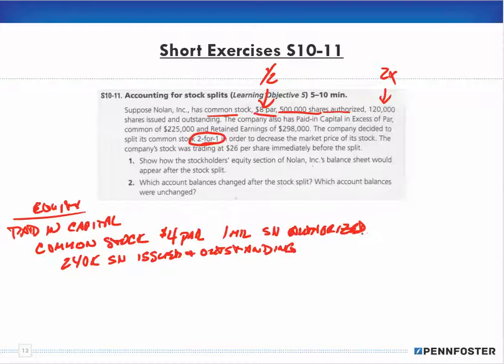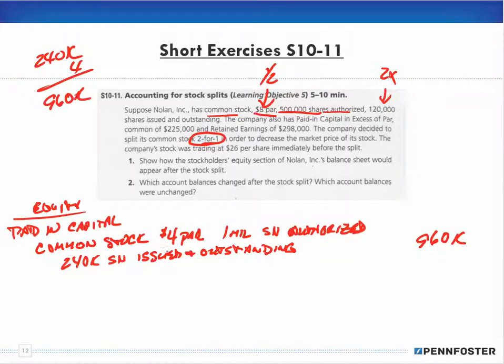Okay, and 240,000 times $4 a share is 960,000. So that's going to show as 960,000 on the balance sheet.